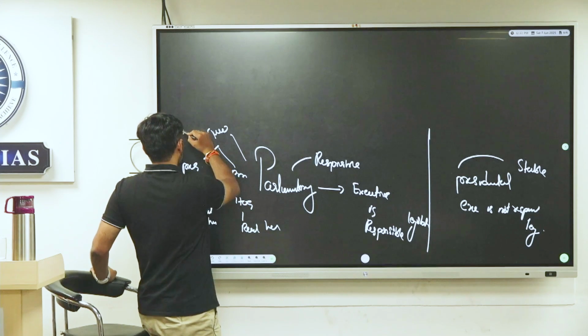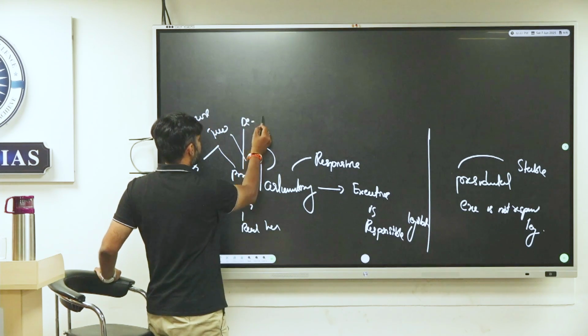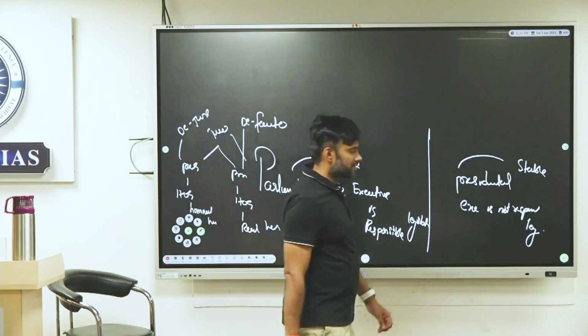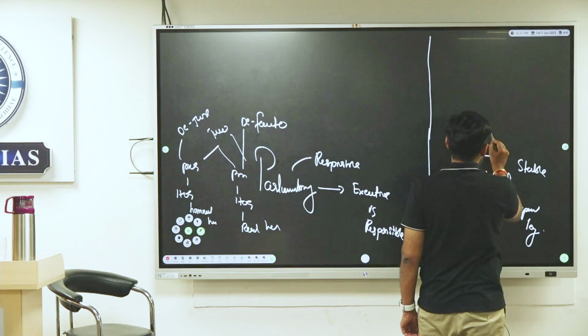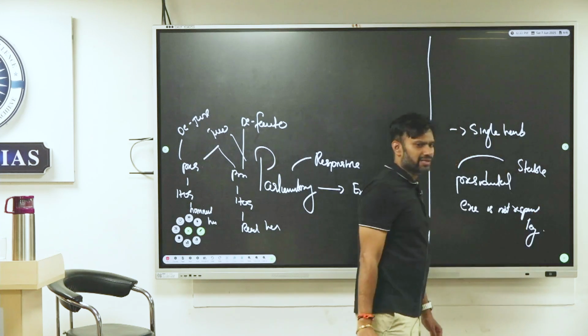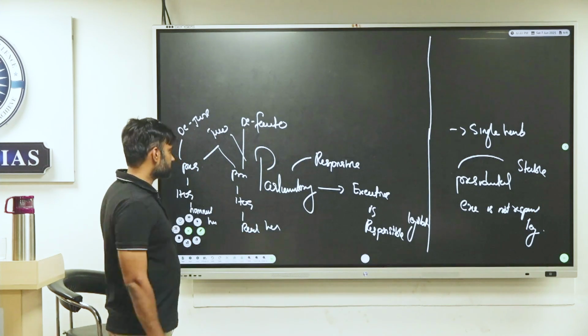The president we call de jure, the Prime Minister we call de facto. De facto basically means he is the real head. But in the presidential system, you have only a single head. The president is both the head of the government and the head of the state. They don't have something called a prime minister.